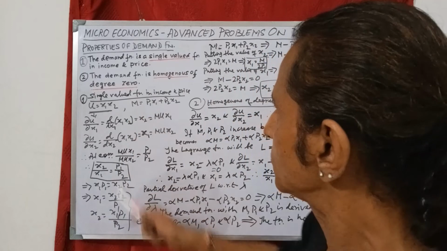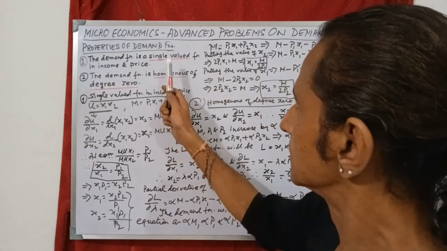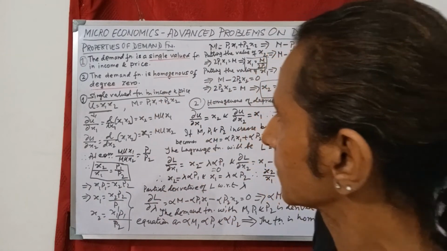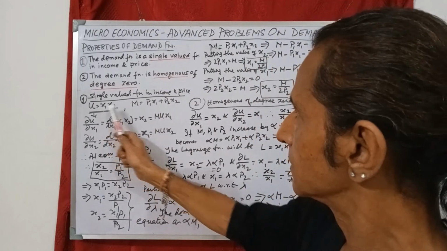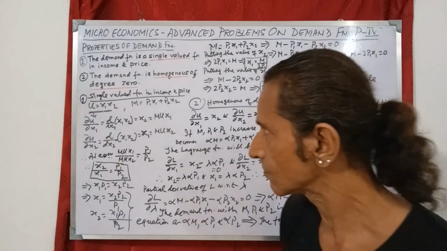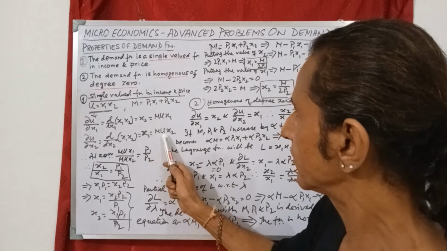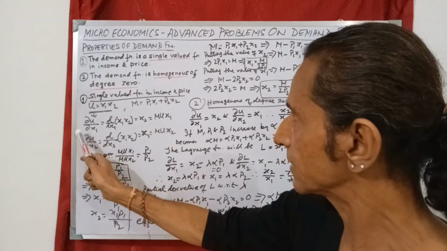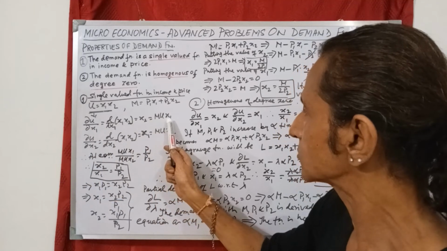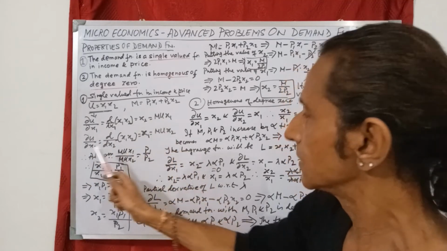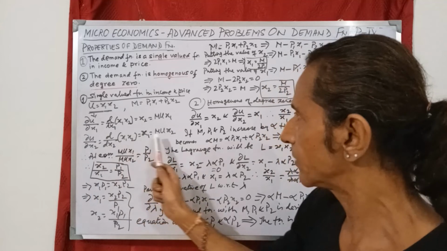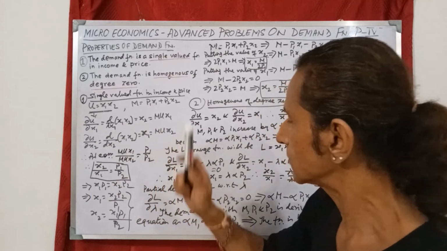And we have proved mathematically these two properties. This is the utility function, this is the budget constraint, this is the marginal utility of x1, this is the marginal utility of x2, that is, del u by del x1 is the marginal utility of x1, which is x2, and del u by del x2 is the marginal utility of x2, which is x1.